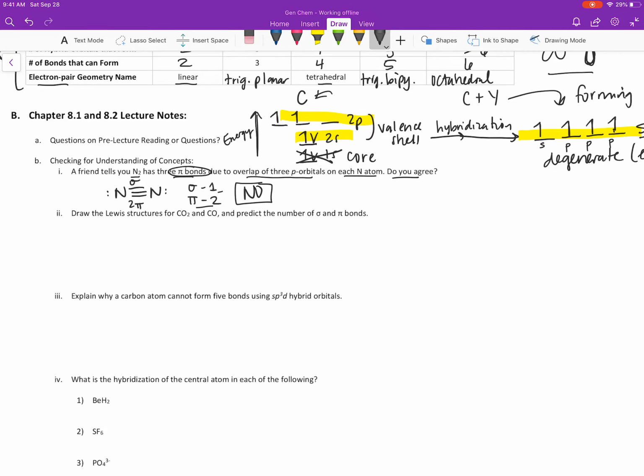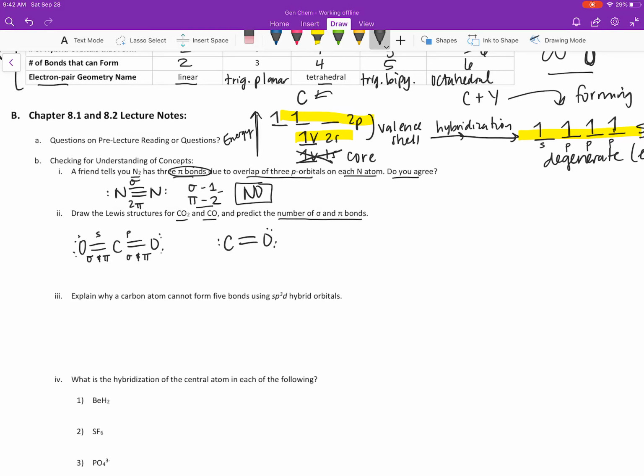The next one, it says to draw 2 Lewis structures and predict the number of sigma and pi bonds. So if I draw my structures out, I'm really only focused on the central atom. So in this case, I have S and P. So we would say this is sp hybridized, but my double bonds are made up of sigma and pi.